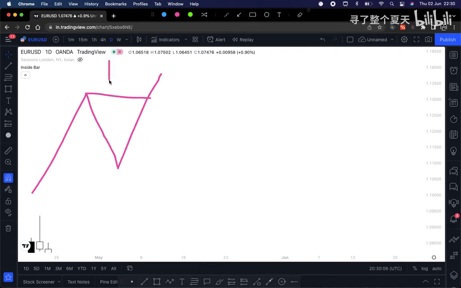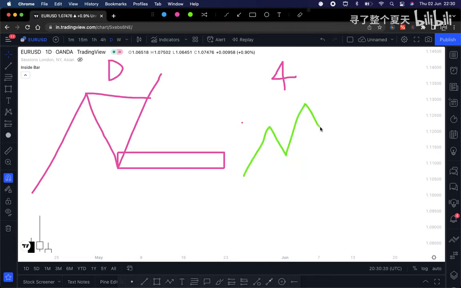So if this is a daily time frame, now on the 4-hour, let's imagine what will be happening. Just as much as we are anticipating that price will come back to this area here, right? We are anticipating that price will come back to that area there. So on the 4-hour, price will be in a bullish market structure, right? So price will be creating higher highs and higher lows, right?